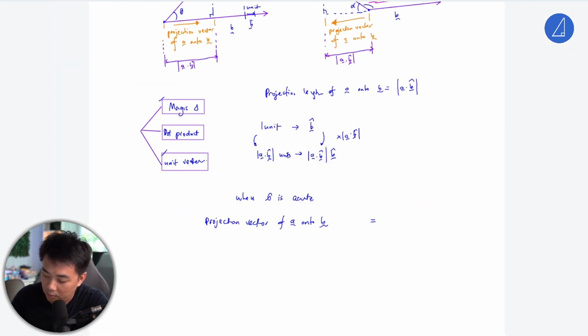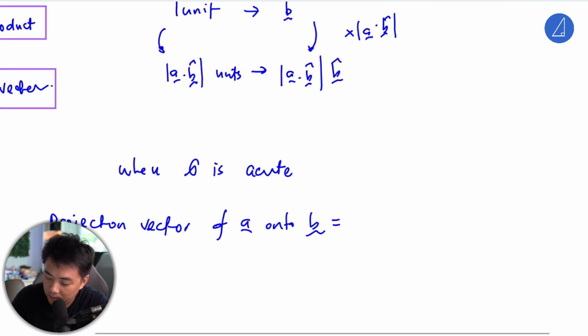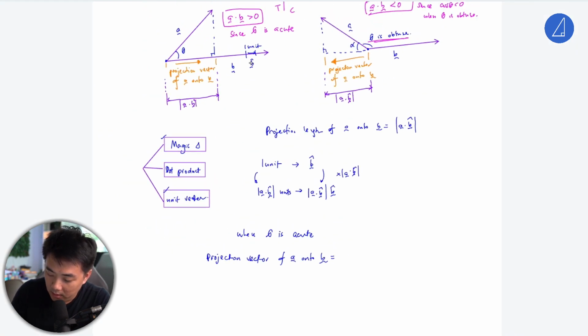What do we get? We need it to be positive, right? Because this vector here that we found is this vector here.